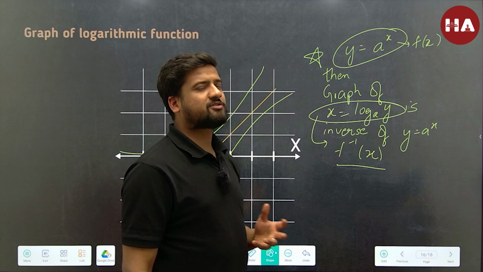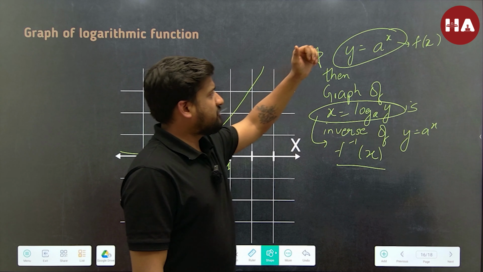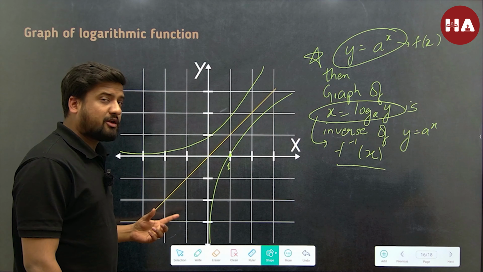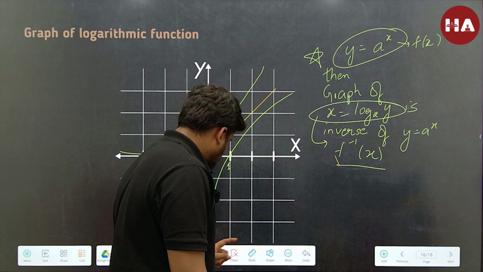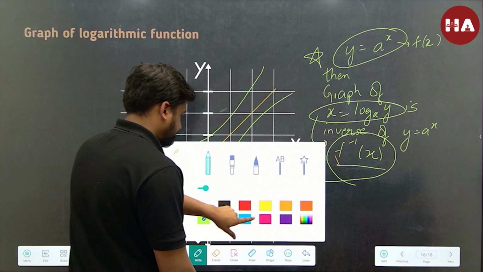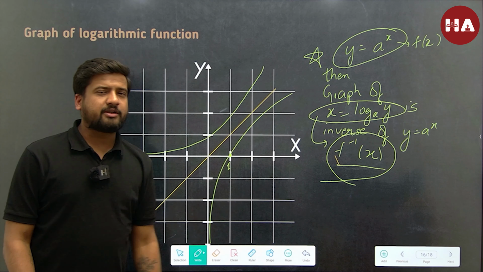So that proves the theorem and the identity also, that if you draw the graph of f(x) and take its reflection in the line y equals x, you get the graph of f inverse x. All right everyone, so please note it down.